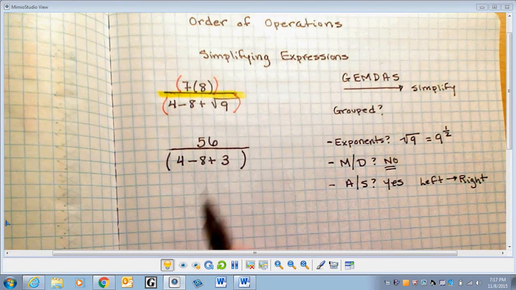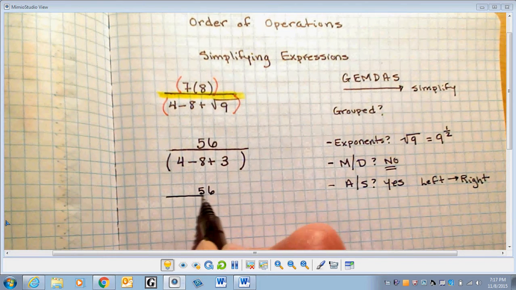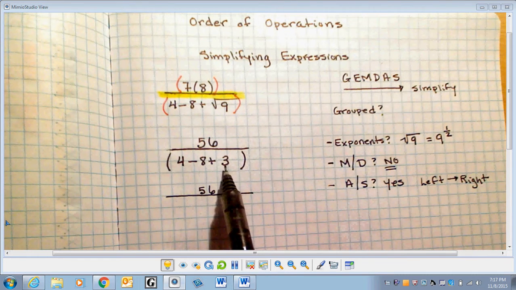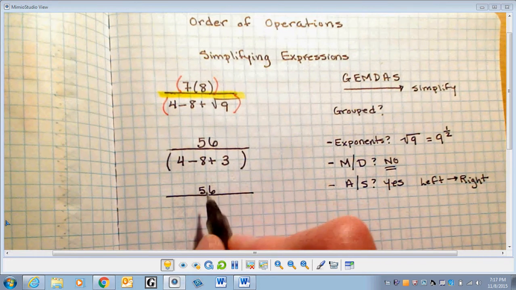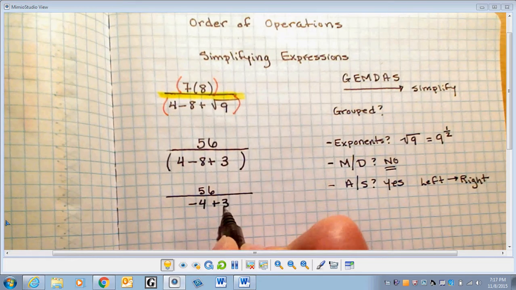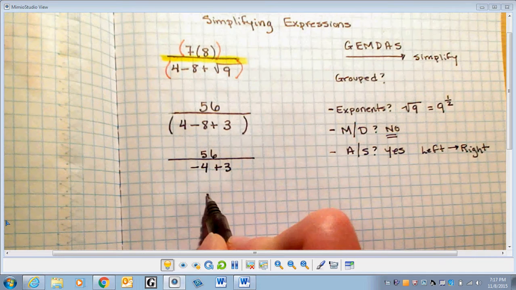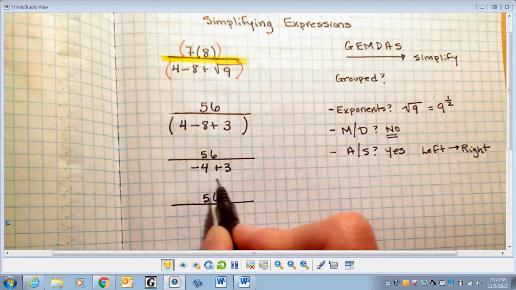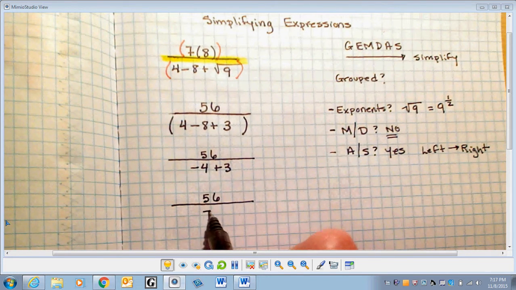So the first thing I'm going to do is write down my numerator and my division sign, and simplify my denominator. 4 minus 8 is negative 4, and then I have a plus 3. I'm still involved in adding and subtracting, so I write down my 56 and my division line. Negative 4 plus 3 is negative 1.